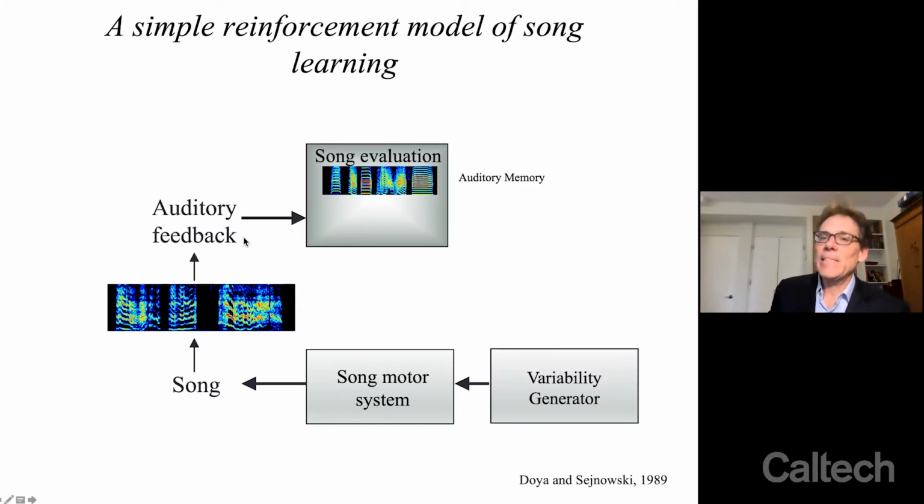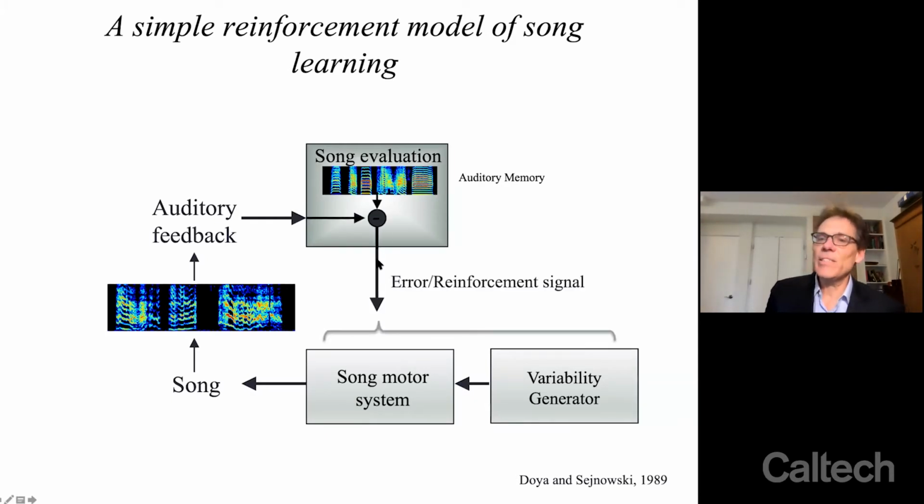Then by listening to themselves, they compare the produced songs to the auditory memory of the tutor song. That comparison results in an error signal, or a reinforcement signal, that's used to modify the song motor circuitry. The idea is that this results in the motor circuit reinforcing good song variations and suppressing bad variations, and that eventually leads to a good imitation.